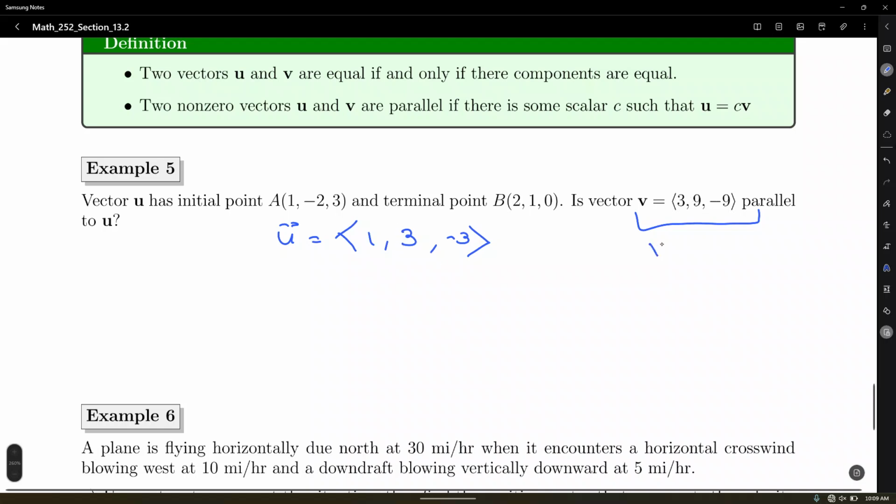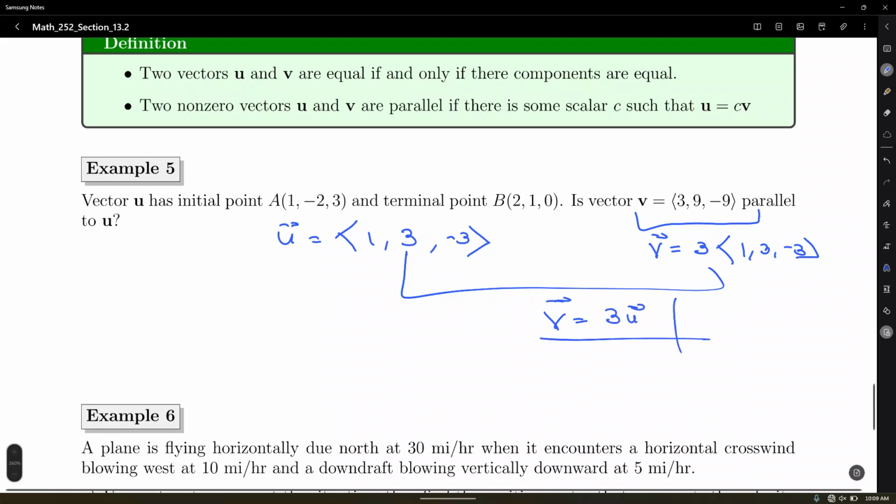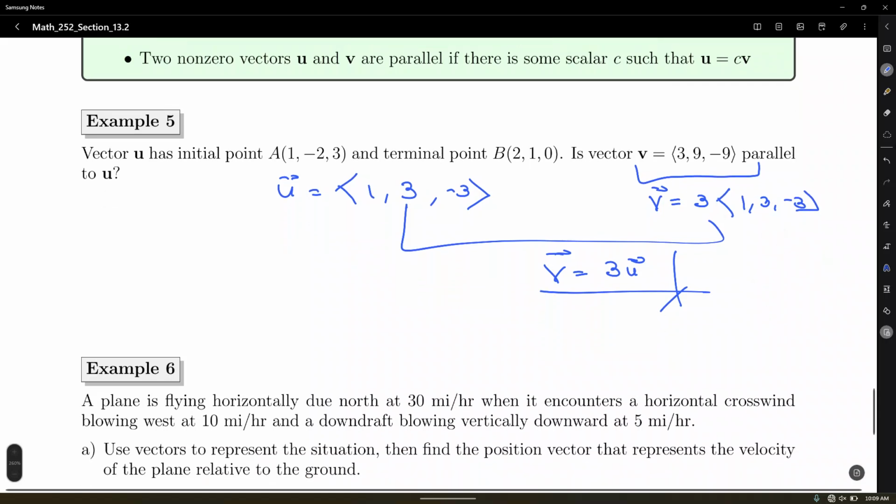It is, because V equals 3 times (1, 3, -3), which is indeed V equals 3 times U. So it's 3 times, and in this case it's going in the same direction. It's not going in the opposite direction like the previous problem we did in the previous section.